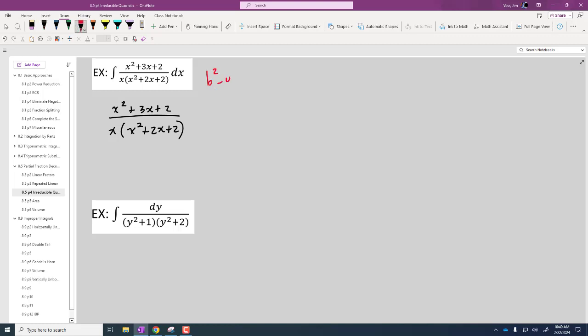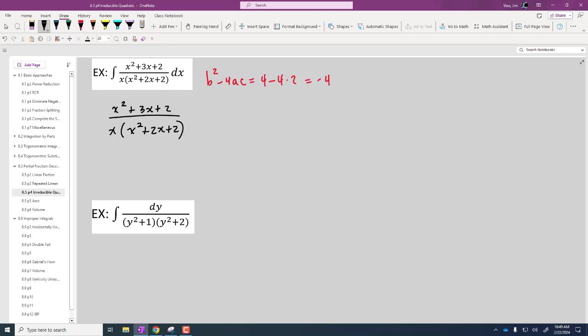B is 2 here, so 4 minus 4, and a is 1 and c is 2, so you're going to get negative 4. If that's negative, then you know it's an irreducible quadratic. You know that you're going to have 2 imaginary zeros, because if you do the square root of b squared minus 4ac and get a negative, you're going to get i's. So that's how you could know for sure.